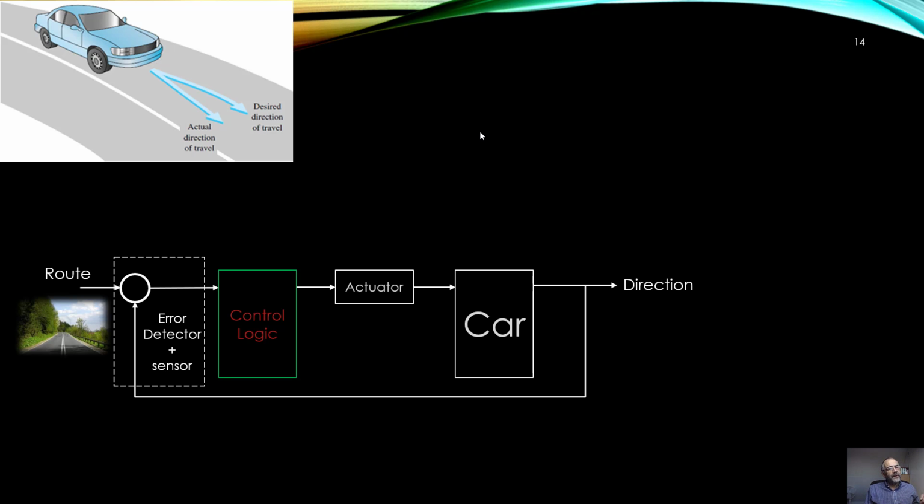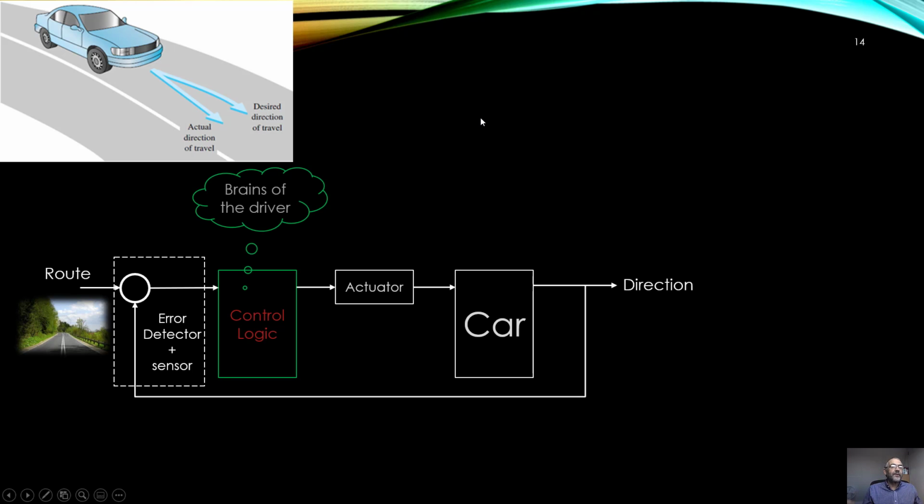The set point, the desired goal, is to keep the car in the middle of the road, more precisely in the middle of the lane. The road has 2 lanes, of course. We are not assuming a self-driving car, so you as a driver are doing that. You are keeping the car in the middle of the lane.